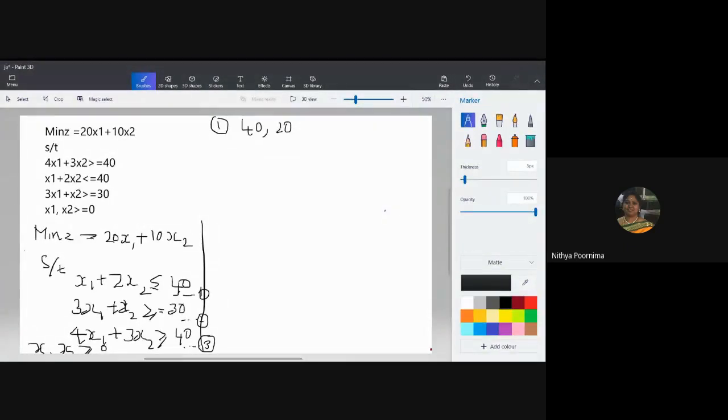What is the coordinate you got for equation 1? I got x1 is 0 and x2 is 20, and x2 is 0, x1 is 40. Coordinates will be 40 comma 20, right?